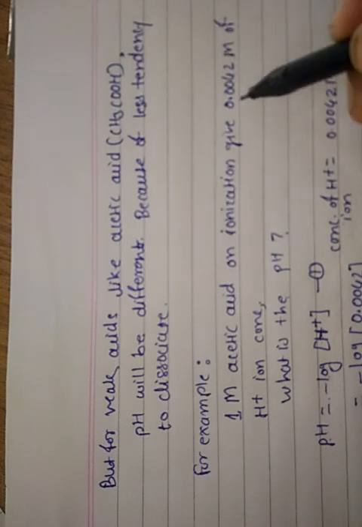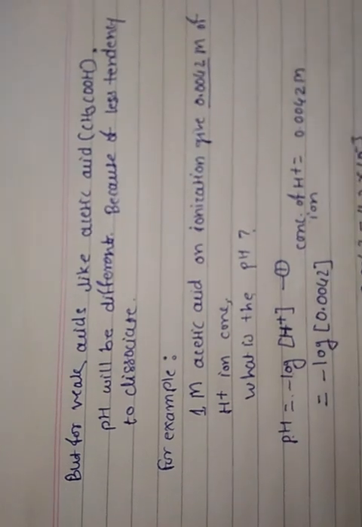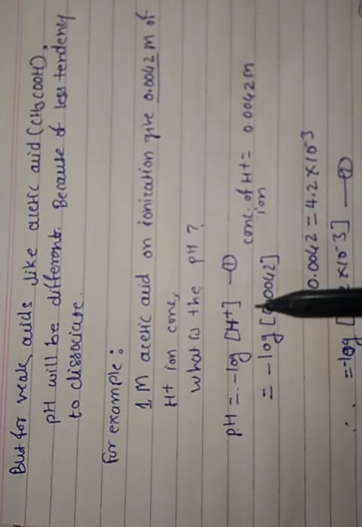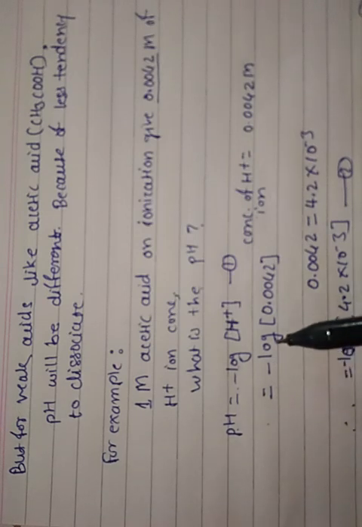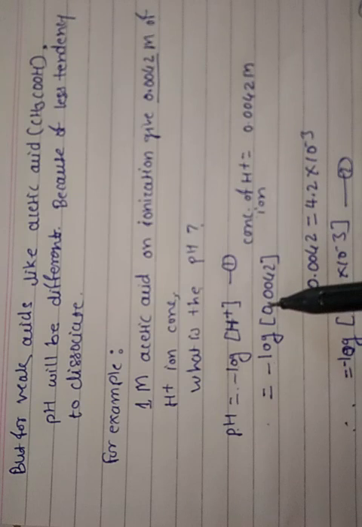pH is equal to minus log of concentration of H plus ion. This is equation number 1. The concentration of H plus ion is given here, 0.0042 molar. Put this value in equation 1, we get pH is equal to minus log of concentration of 0.0042.